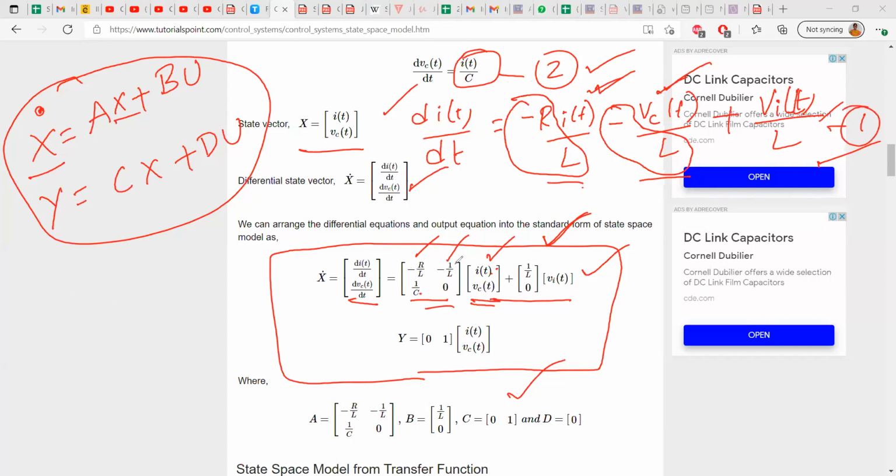That's why we have minus 1 by L. Here there is no Vc of t term in the second equation. That's why we have taken the element as 0 in the matrix. Plus, what is U? Input. For the given circuit, what is the input?